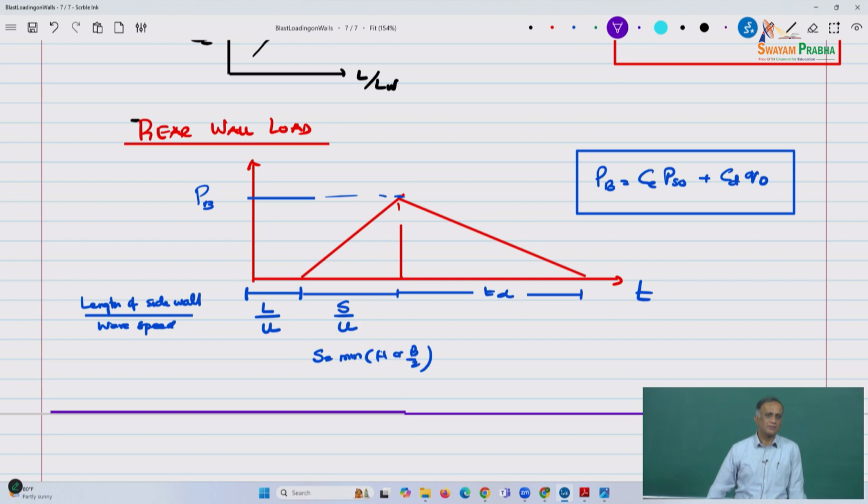Can we have this L, the length of the side wall, or for that matter the distance of the back wall, be greater than the wavelength of the blast? Yeah, it can be, but then CE starts going down extensively.